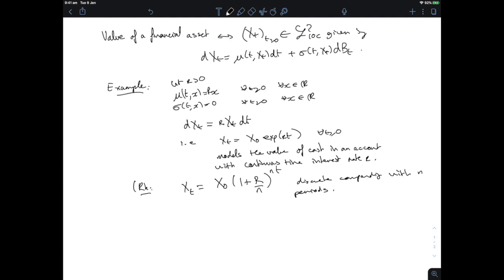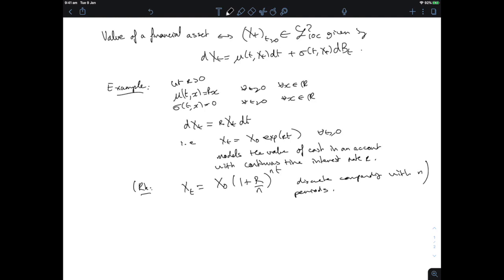So typically, if you compound your interest every month, and t is the number of years, then n will be 12, and you have this annual rate r, and then really what's happening every month is that the value of your capital is multiplied by 1 + r/12, because you accumulate r/12 times the principal in interest. And the idea of continuous time compounding is that you take the limit as n goes to infinity of that, and that gives you exp(rt).